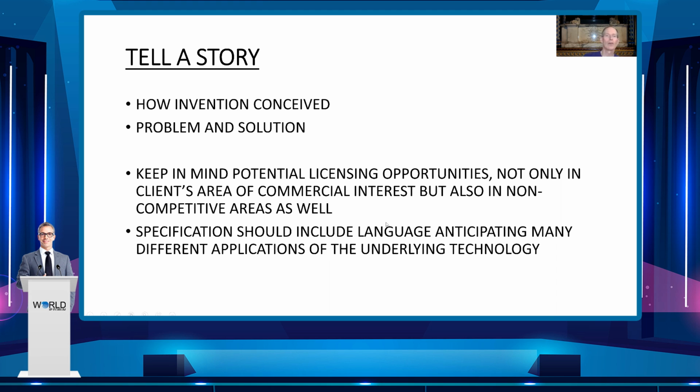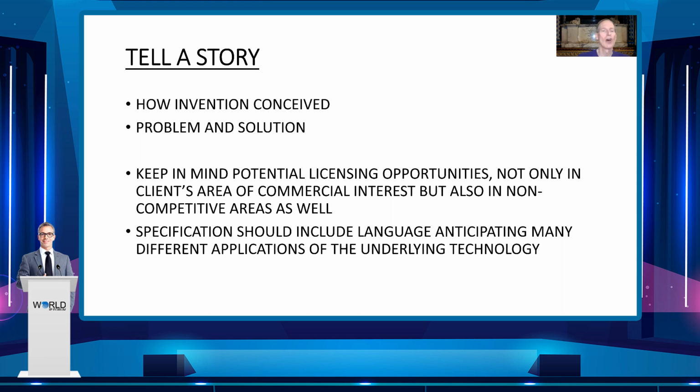When it comes to a patent, the key thing is to try to tell a story. Our species loves stories, and we want the patent itself to be a story. Essentially, how the invention was conceived, or maybe the problem that existed and how it was solved.